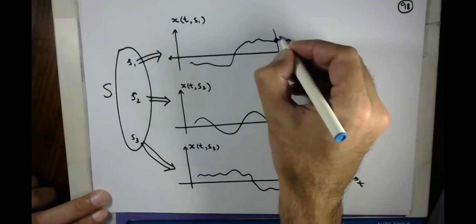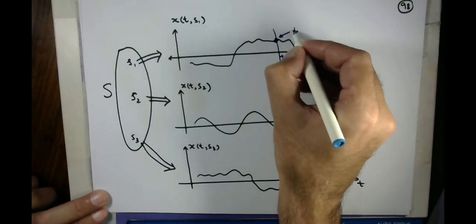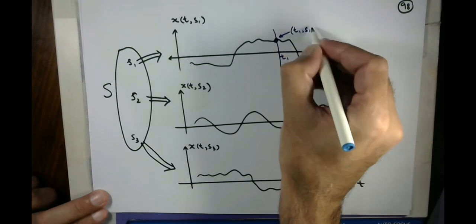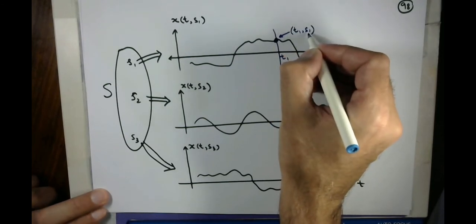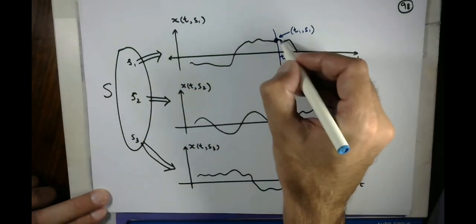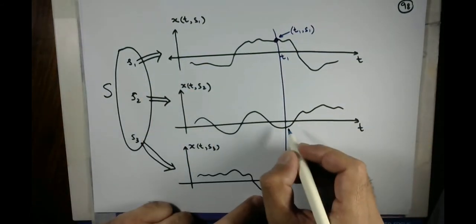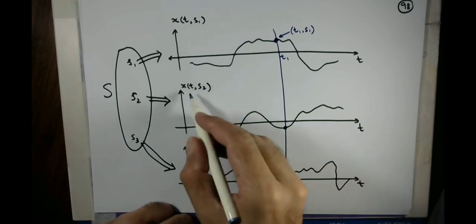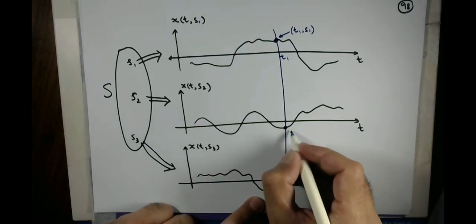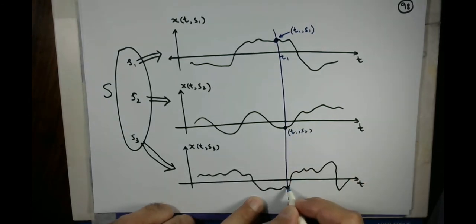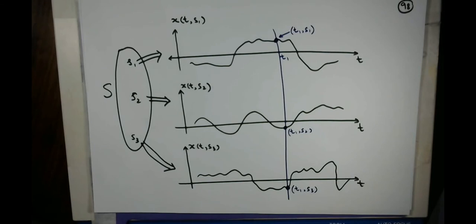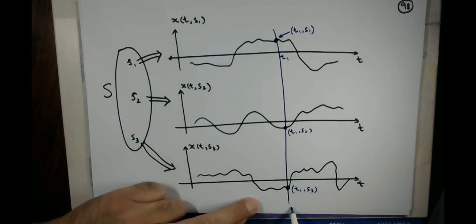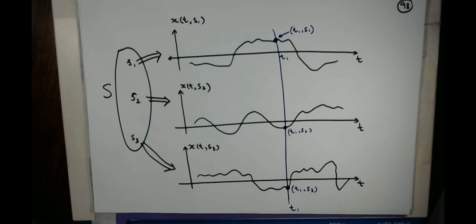So this is basically t1 comma s1, sample value 1, time fixed at t1. The same time fixed here, from this sample function you get t1 comma s2, and similarly here you get another point t1 comma s3. So all this is obtained by fixing or considering the time t1.